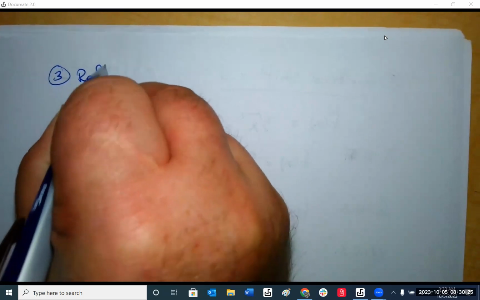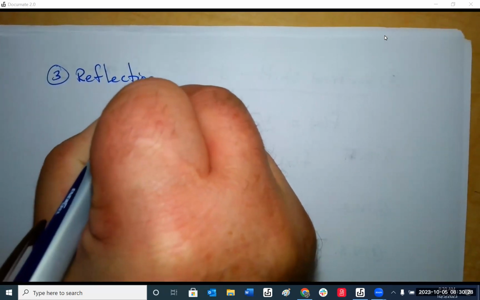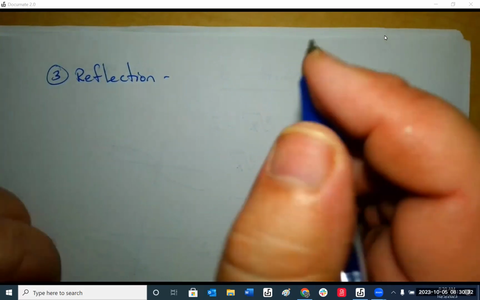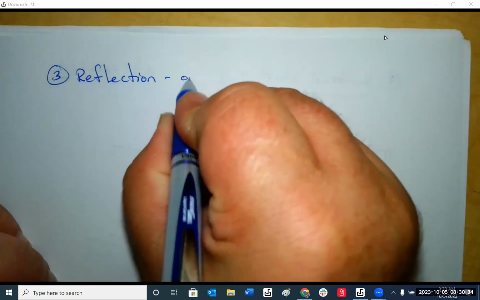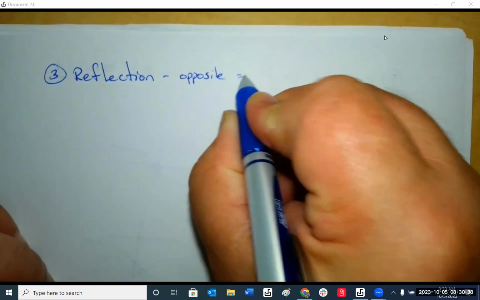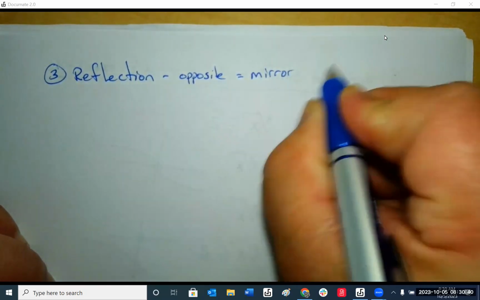Now let's look at reflections. What's a reflection? A mirror image, yeah, opposite, exactly. Both are exactly correct. It's the opposite or the mirror image.